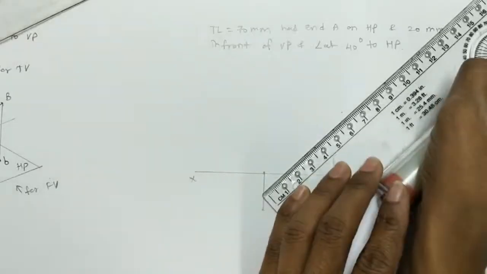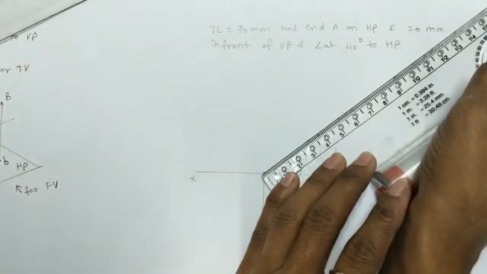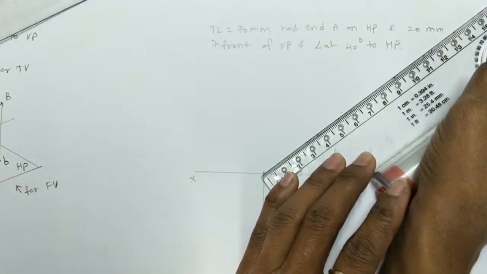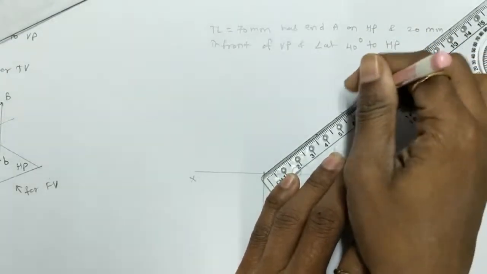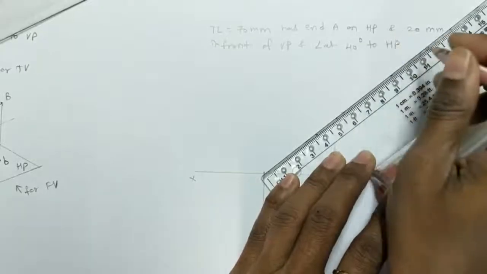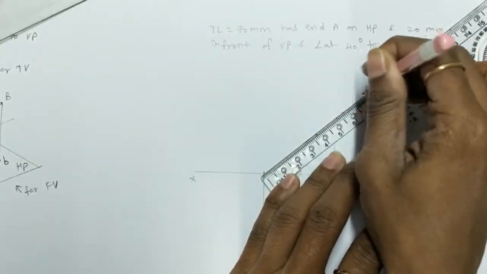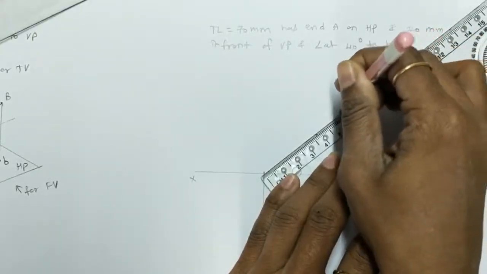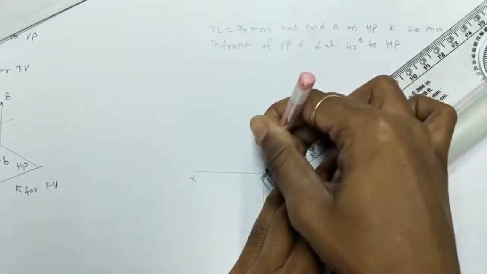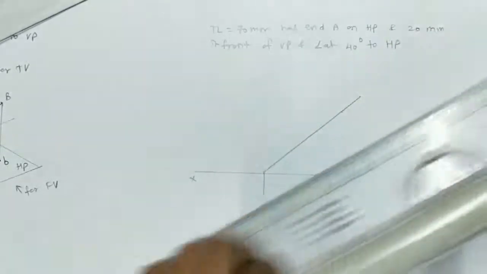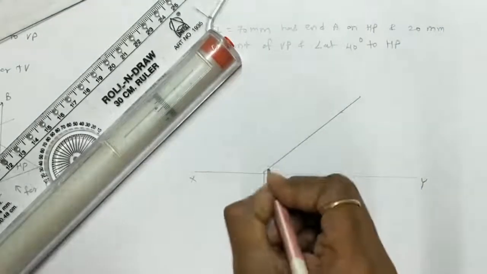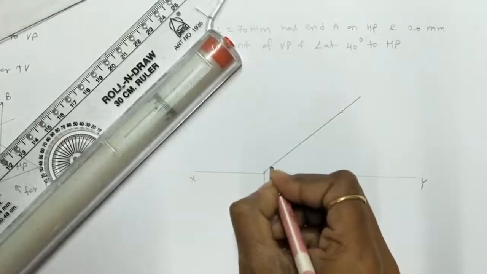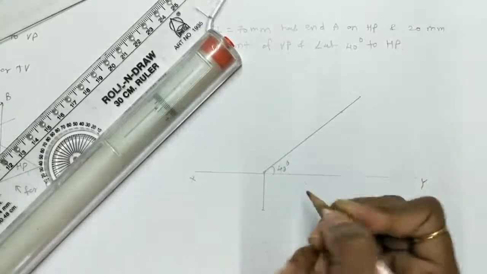So I will draw 70 mm on the inclined line which we have already drawn by measuring an angle of 40 degrees. So I have taken this distance, and this is the angle of 40 degrees.